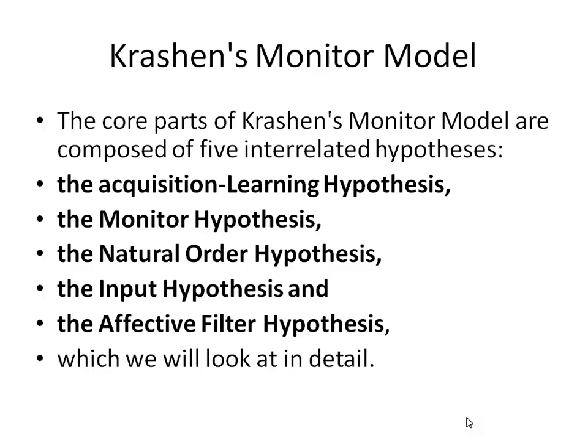That is the monitor hypothesis. Natural order hypothesis, that means language should be learned in a sequential way. And input hypothesis, that means the easier and more comprehensible the input is, the better language learning will be.